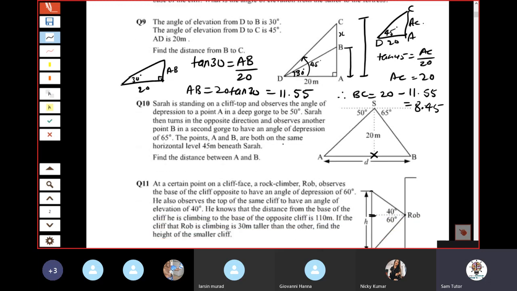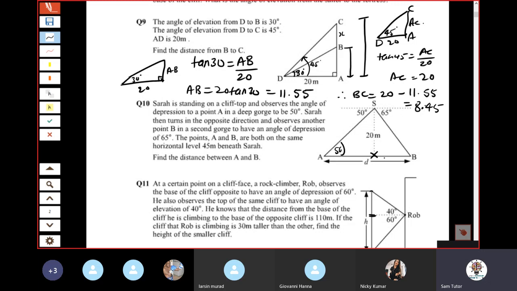Question 10, I'm not going to do, I'm just going to show you what I can see, and I think if you guys had no problems with that one, then you probably won't have any problems with this question. This is 50 degrees. Remember, depression and elevation are the same, so that's 50 degrees as well. Alternate angles.